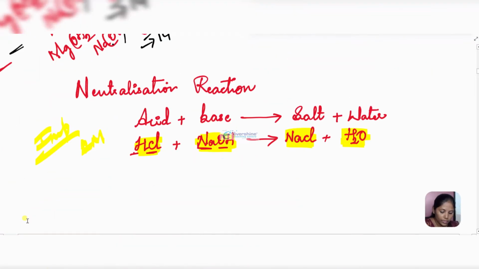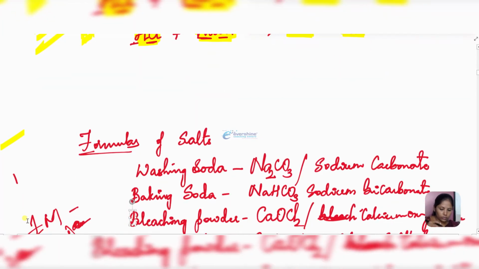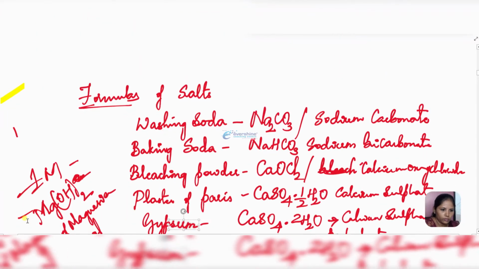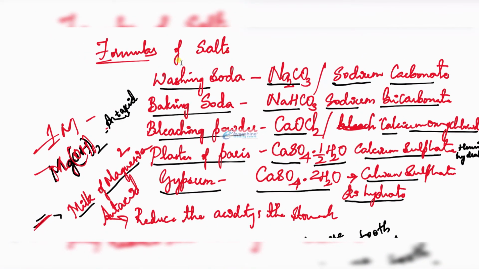And then the last very important question, what is a neutralization reaction? Formulas of salts, and these are very important formulas. Washing soda, Na2CO3, sodium carbonate. My dear students, you need to remember the other names of all these salts and also their molecular formulas, and these questions are very important from your examination point of view.